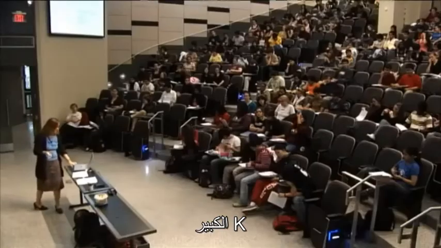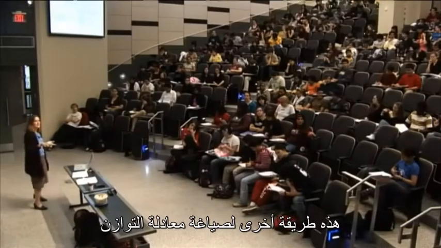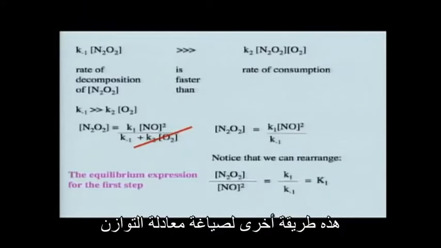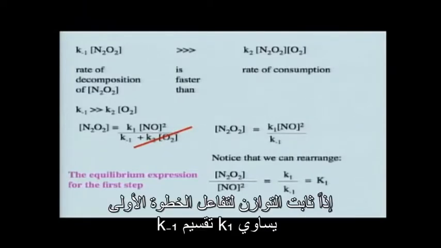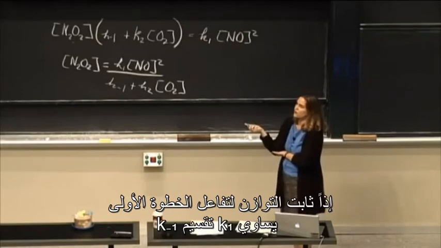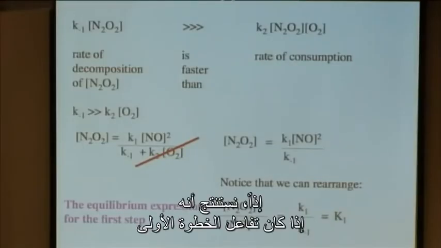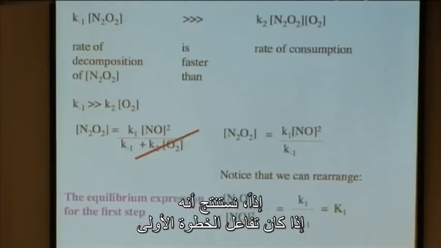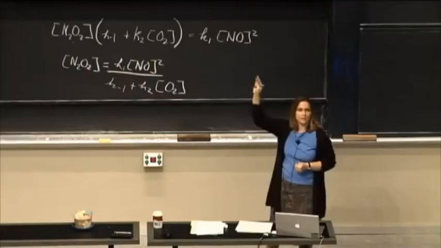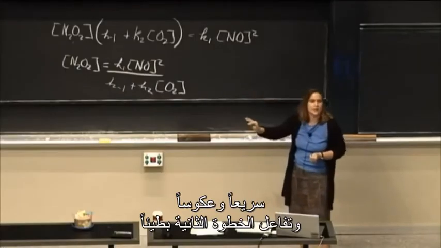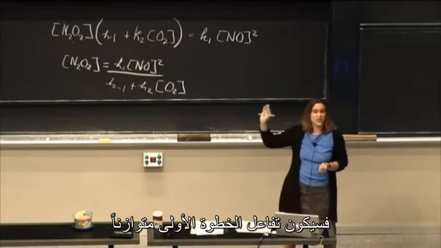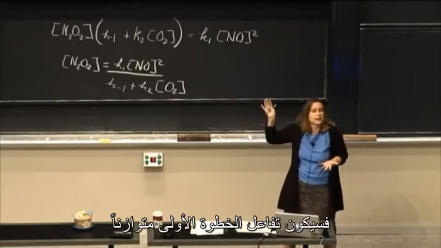Big K, right. So that's another way of saying the equilibrium expression. It's the equilibrium constant for the first step, equal to k1 over k minus 1. So basically, if we have the first step being fast and reversible and the second step being slow, we're saying that the first step is really in equilibrium.